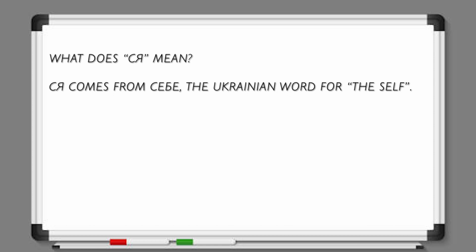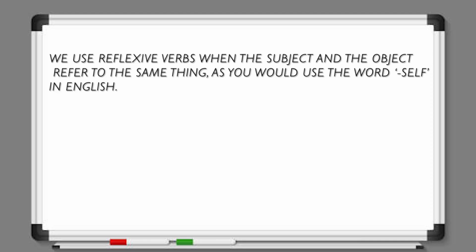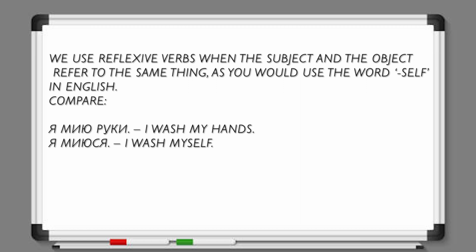Considering this, can you guess what the first case of using reflexive verbs is? The first case is when the subject and the object refer to the same thing, as you would use the word self in English. Let's compare. Я мию руки, I wash hands. Я миюся, I wash myself.